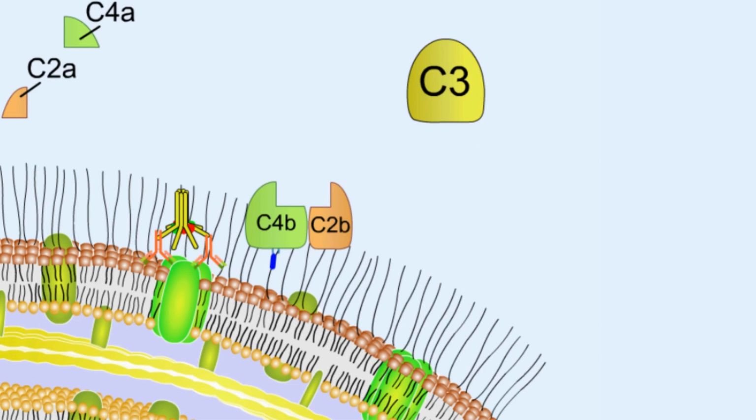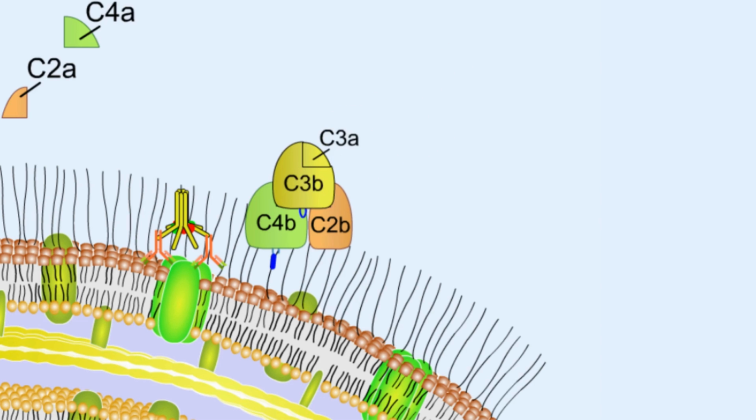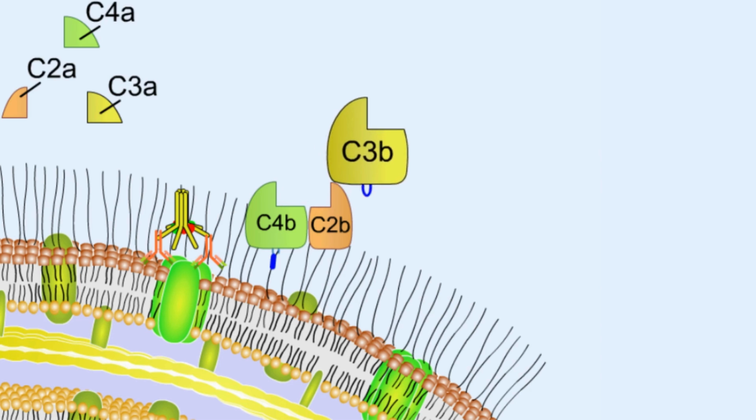Now C3 will come in and the C4b C2a complex will cleave C3. It has the same type of structure as C4b. Once C3 is cleaved, C3a is diffused, and C3b again has the thioester link.